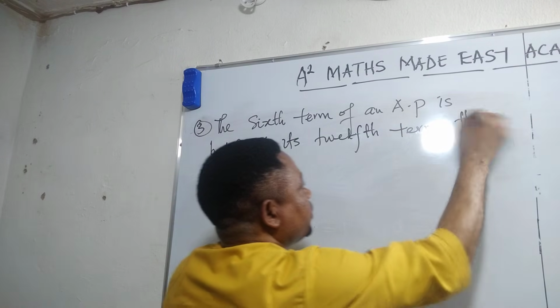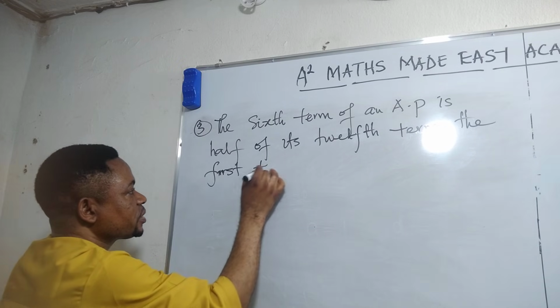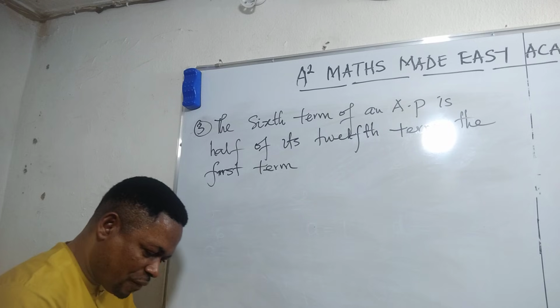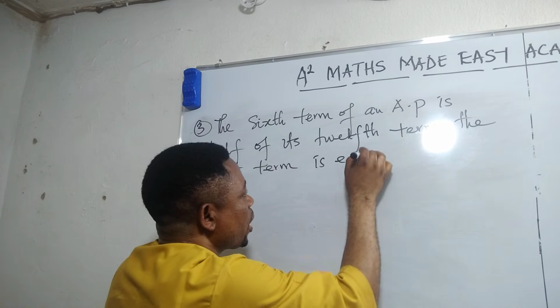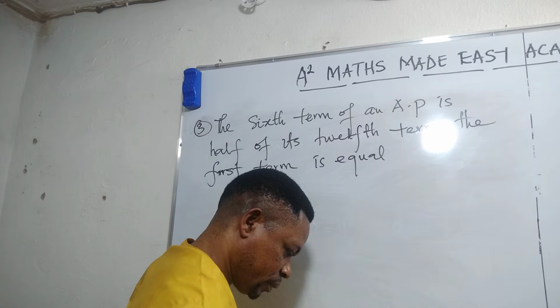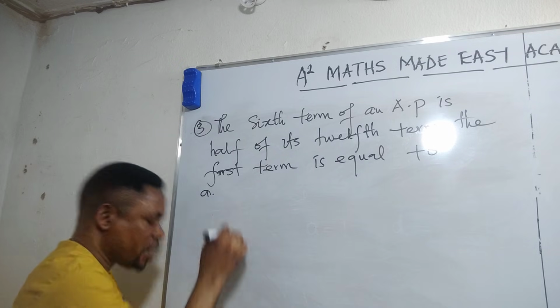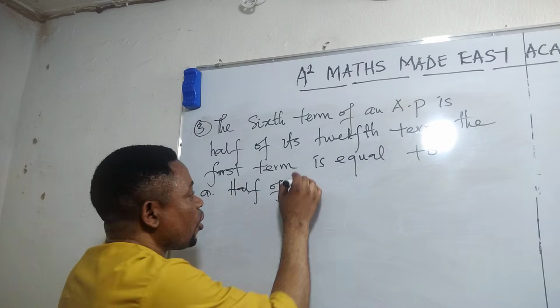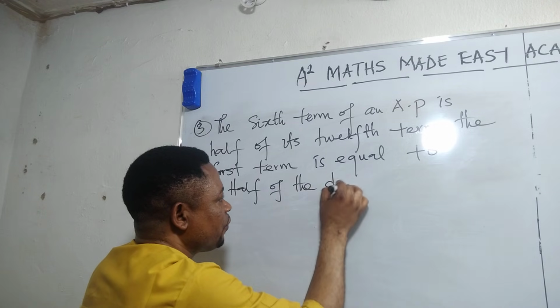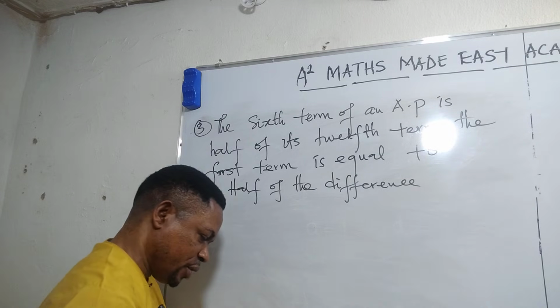And the first term is equal to, now let's look at the options. Option A, half of the common difference.